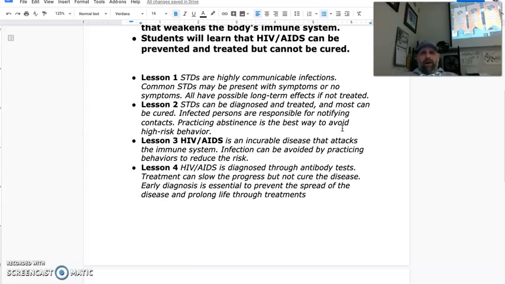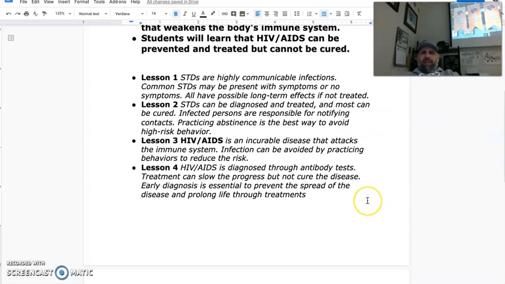We'll also talk about how when HIV gets to that level of AIDS, it really affects the immune system, and people are really prone to other infections that can become deadly to them if they have progressed to the level of AIDS.